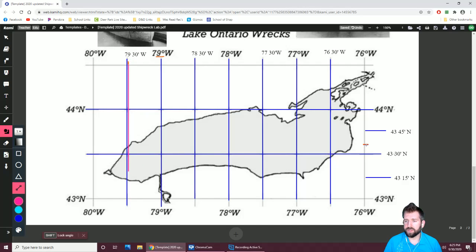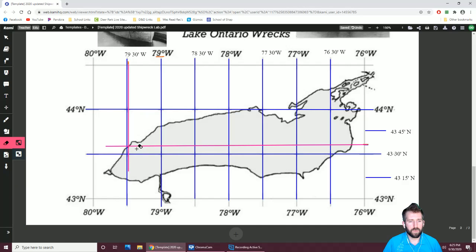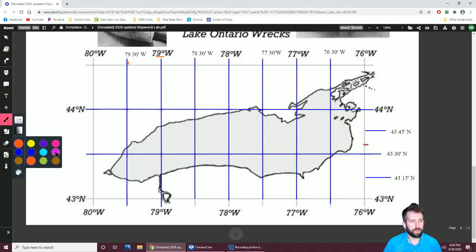And we said here was the latitude, something like that. So where those things cross is where Sligo is going to go. So Sligo should go somewhere just about, I'll do it in pink again, here, where those lines met, right? 79:30, you've got this lining up with there, and also you've got the latitude.